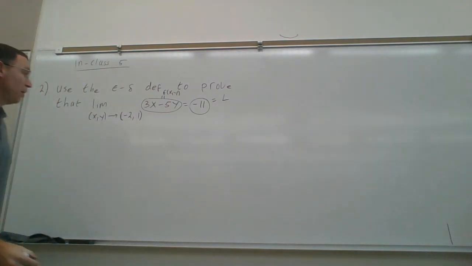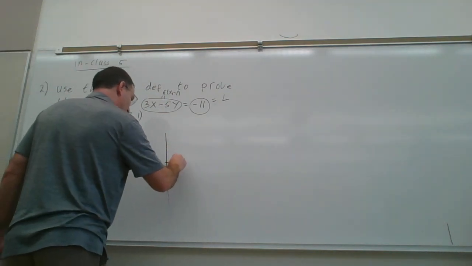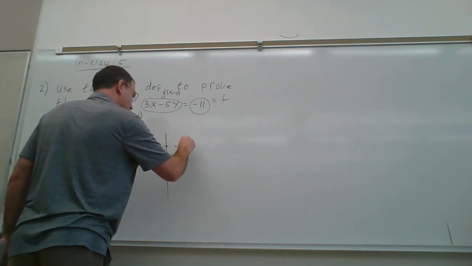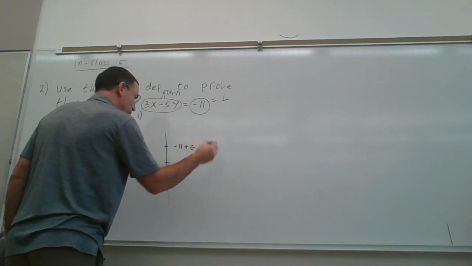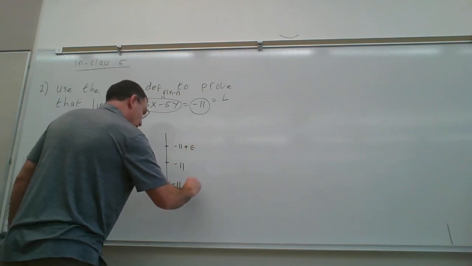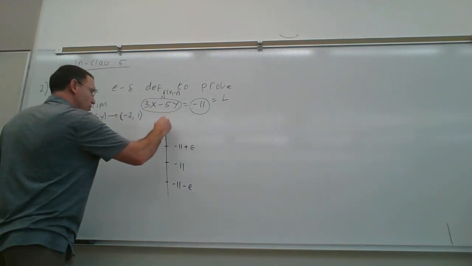So again, the idea basically is we're looking for an interval around minus 11, so minus 11 plus epsilon. Epsilon is just some small number, and then you have minus 11 minus epsilon. And over here, this is on the z-axis.